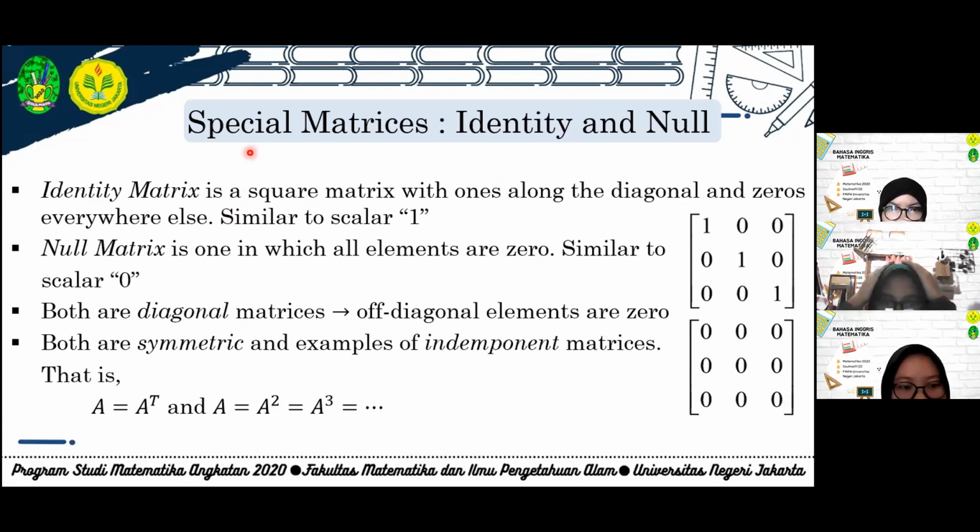Both are diagonal matrices if the off-diagonal elements are 0. Both are symmetric and examples of idempotent matrices. That is, A equals A transpose, and A equals A to the power of 2 equals A to the power of 3, etc.